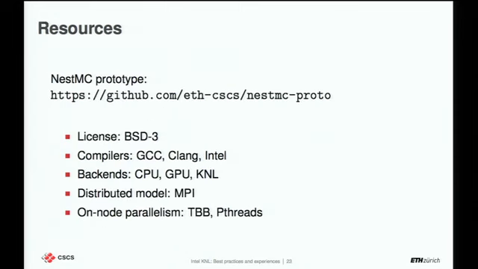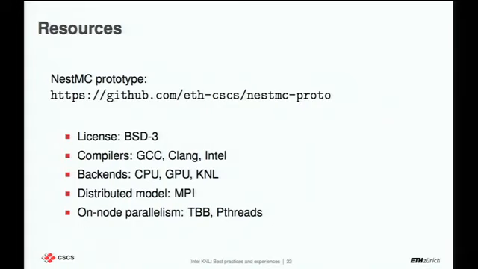And finally, here is a bit more information. We have a prototype already publicly available. We are actively developing on GitHub, so you can see the issues and everything there. It's under a BSD license. We regularly test with all these compilers, including SIG like Intel, so the code compiles with all of these.